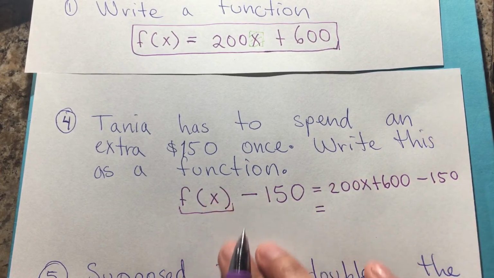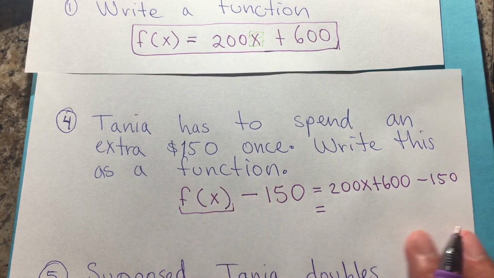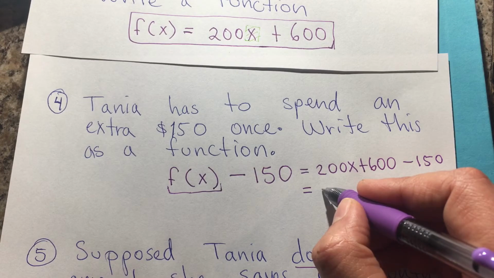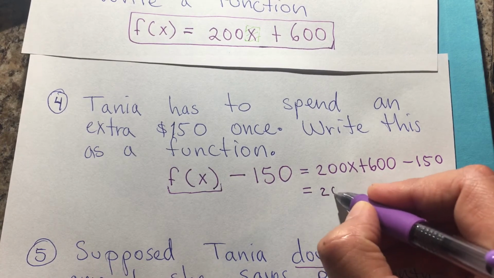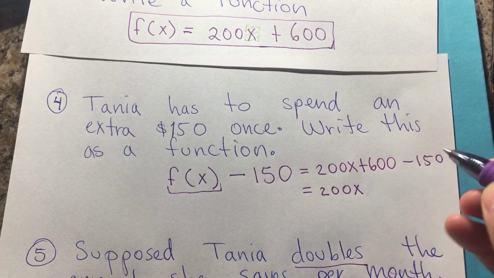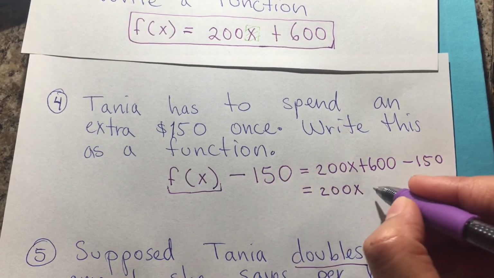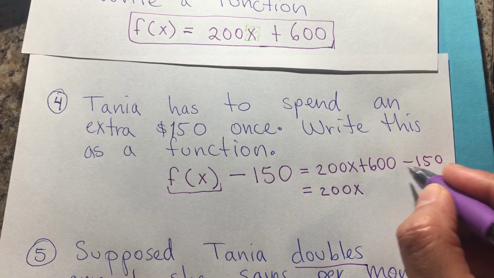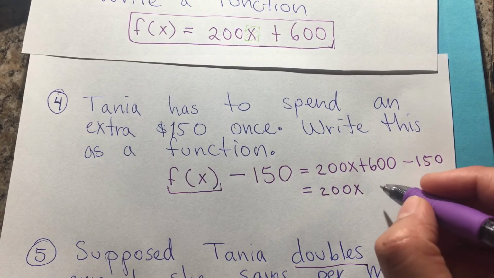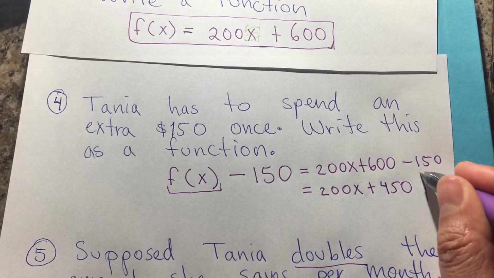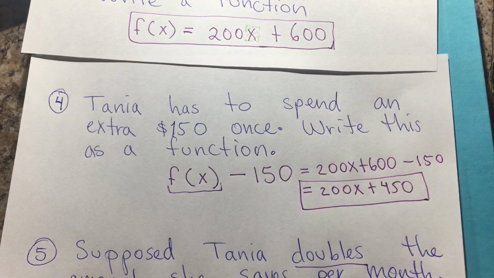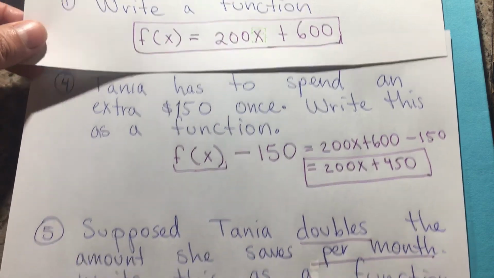Again, remember that if you need to bring down this function, do it. Depends if they ask you or not, okay? Just ask your teacher or professor if they want it in there. 600 minus 150 is 450.